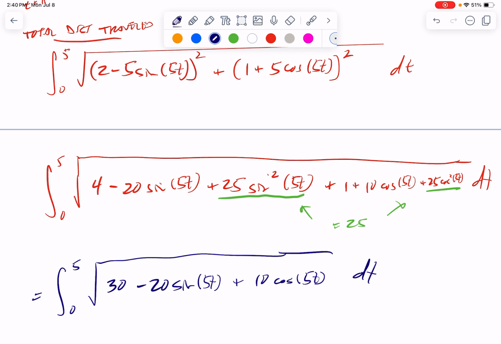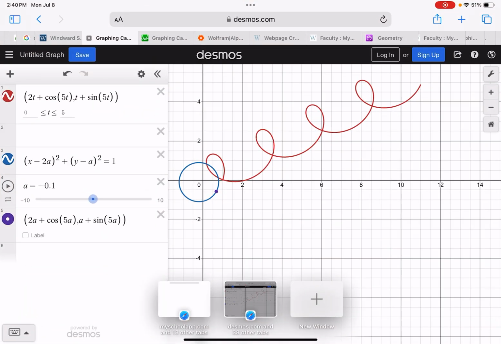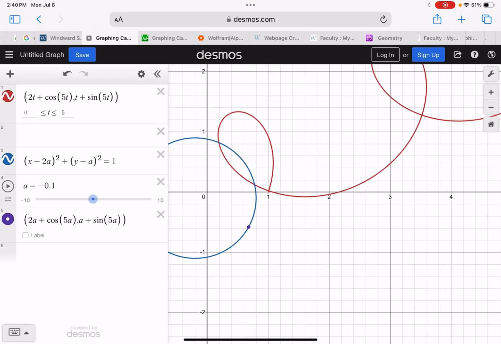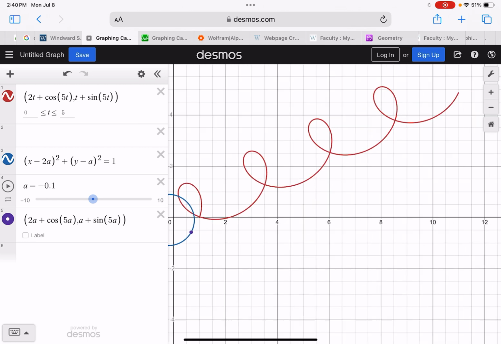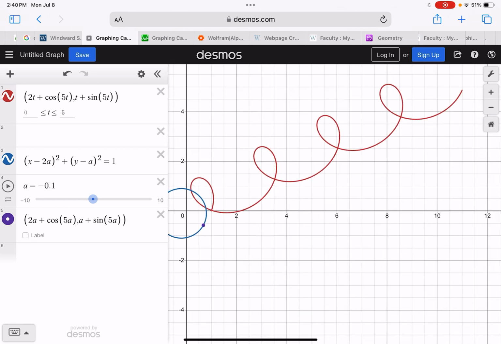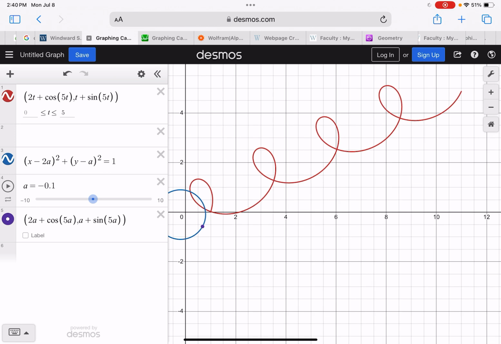And before we get a number here, let's just see what would be plausible. Go back to the graph. We're starting here around 1, 0, actually literally at 1, 0. And we finish at about 11, 5. So it goes over 10 units and up 5 units, right? So that distance is maybe 11-ish.